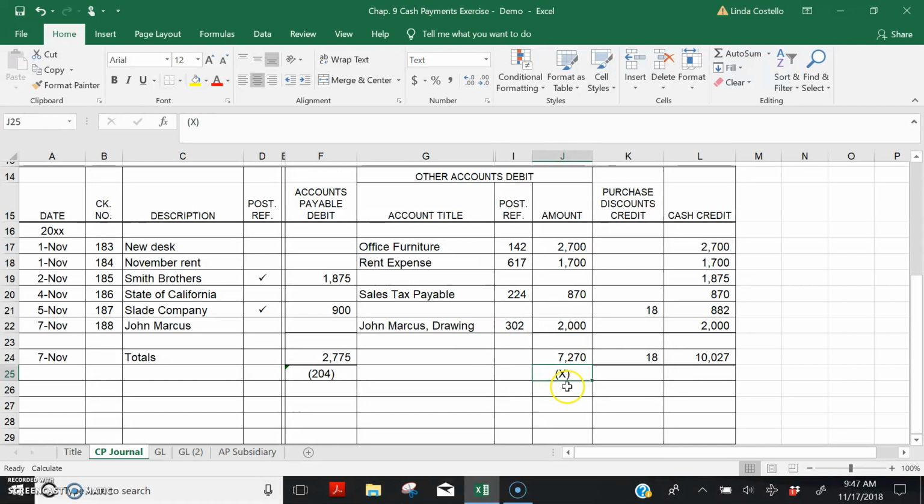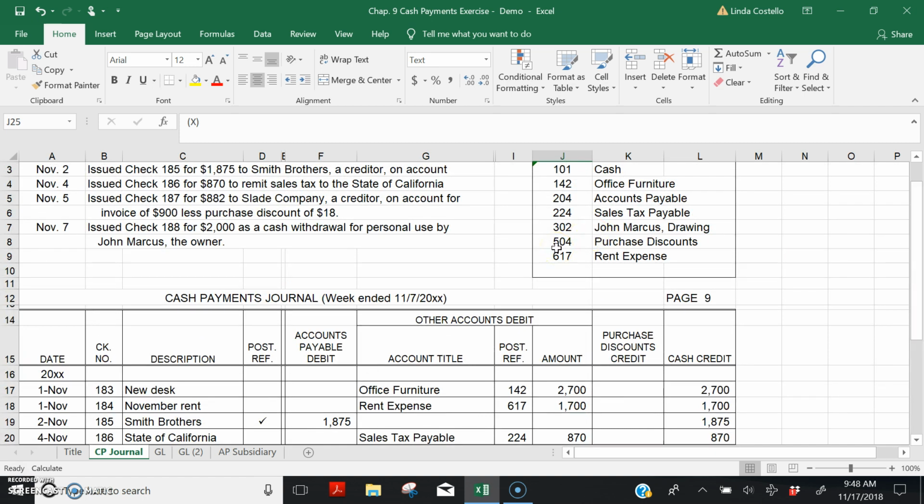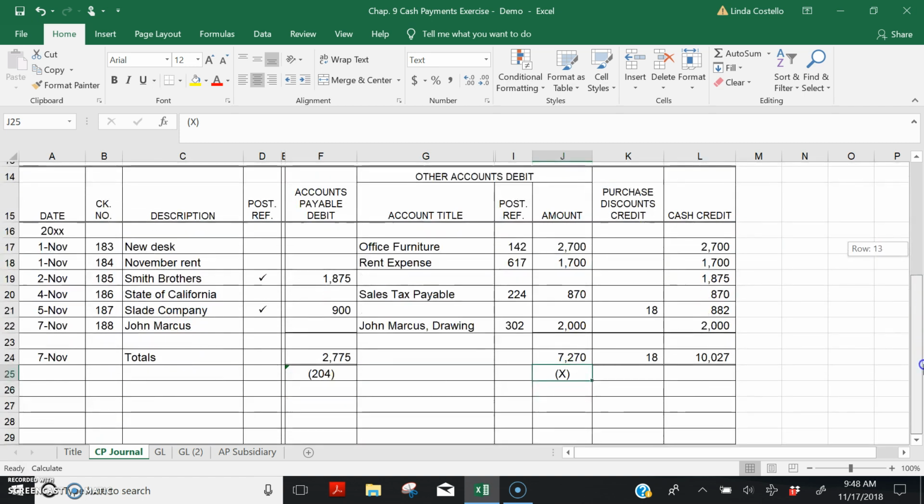Then record an X in parentheses underneath the $7,270 total in the other accounts column to show that all of the amounts in the column have been posted to the general ledger account. Now we need to post this $18 credit to purchase discounts. Turn to account number 504 in the general ledger.